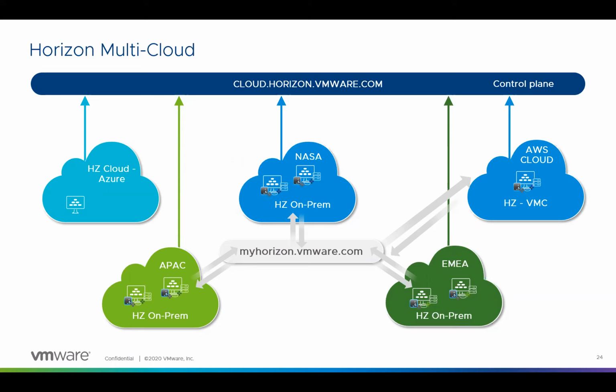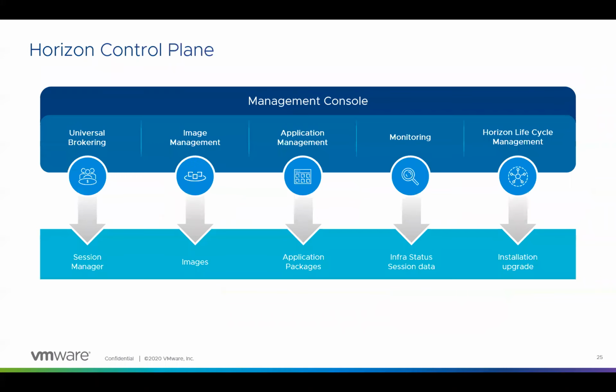Those management capabilities are enabled using our cloud architecture as well as GLB, global load balancing. If you look at the control plane in depth, it provides various capabilities such as universal brokering, image management, application management, monitoring, and lifecycle management.